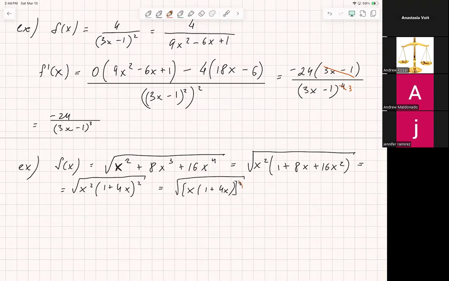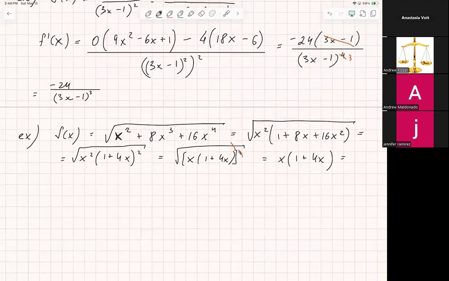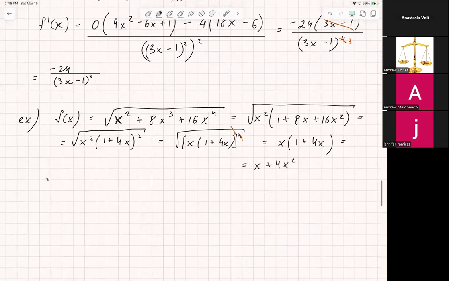And now you can cancel your square and square root, and you get just x times (1 plus 4x), okay? And now it's easier. You can distribute x, and you would have x plus 4x squared, and find the derivative of that, which is much easier, right? So we would have 1 plus 8x in this case, right?